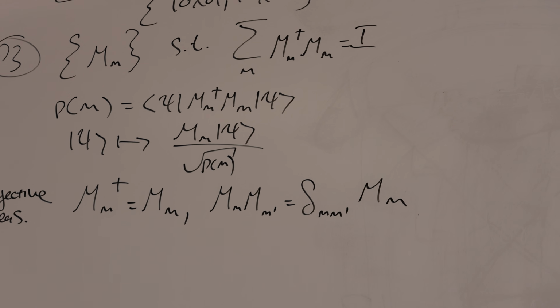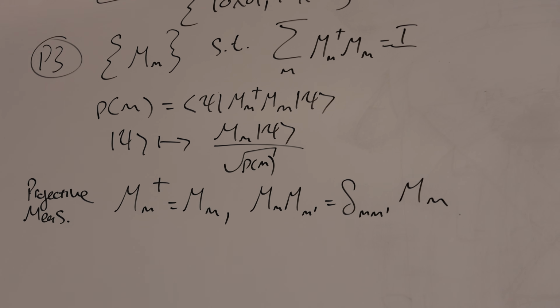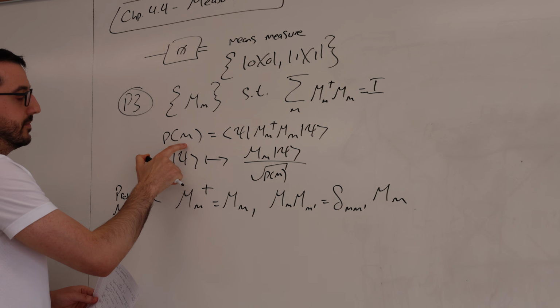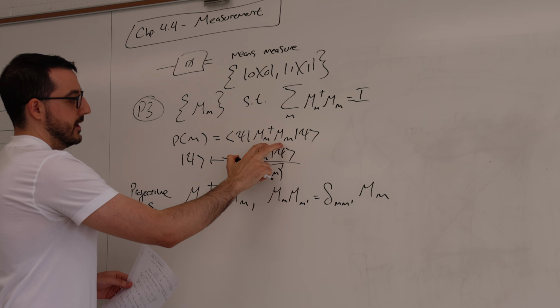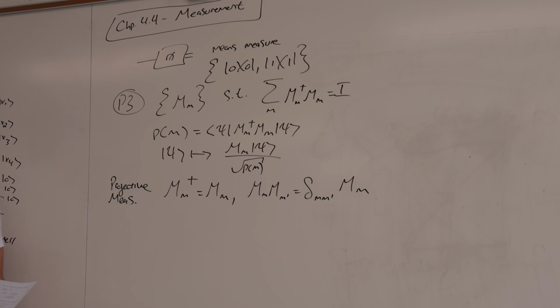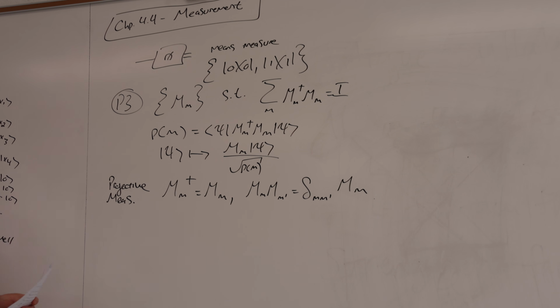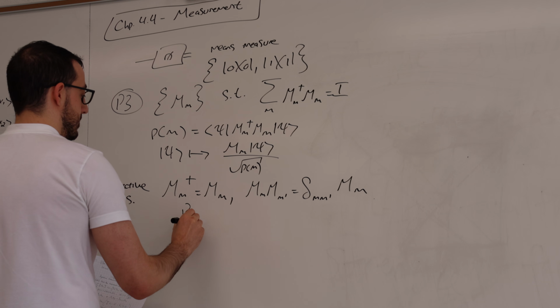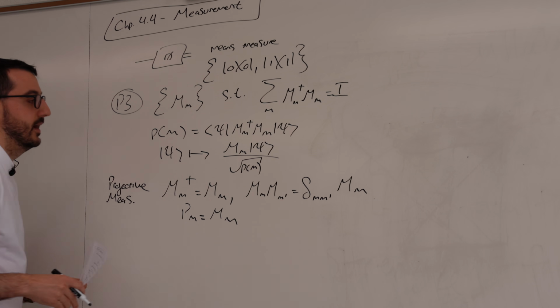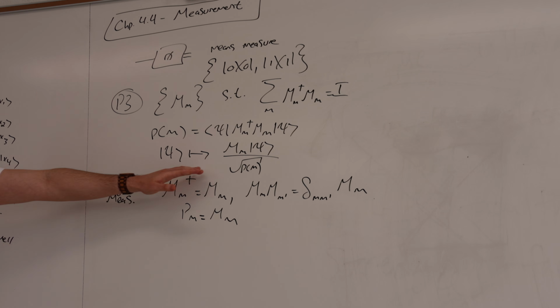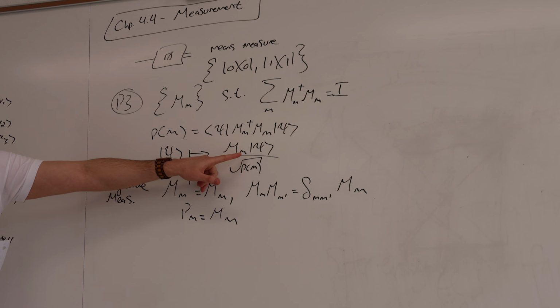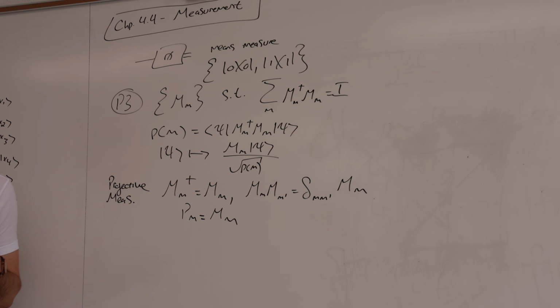So this allows us to simplify the state update rule and the probability rule. The product of M_m dagger M_m will be just M_m. It's a Hermitian projector, so it squares to itself. In this case, we often use P_m for M_m. And then the state update rule will be the same one: it is equal to P_m, so the projector applied to the state psi, and then renormalized.